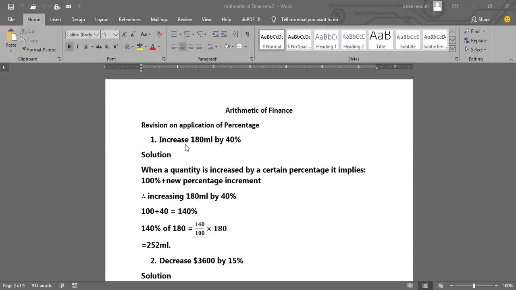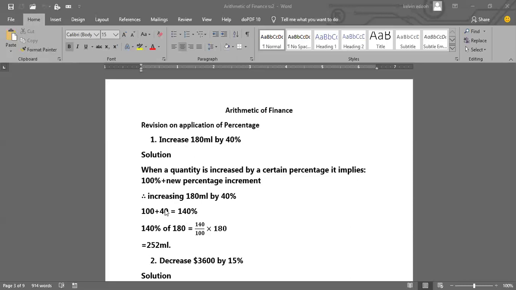Let me go over it again because it's very important. See the quantity given to you as 100%. Then you are told that the quantity was increased by 40%, so you are increasing from 100% plus 40%, which gives 140%.